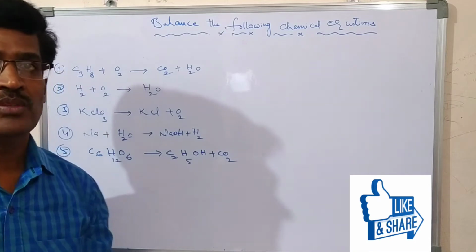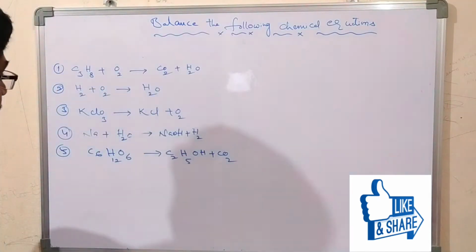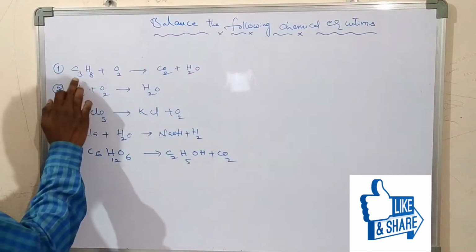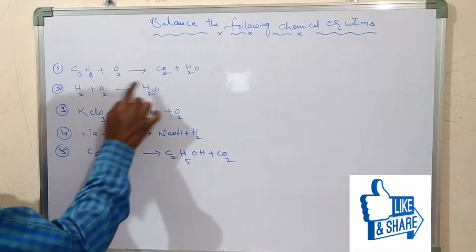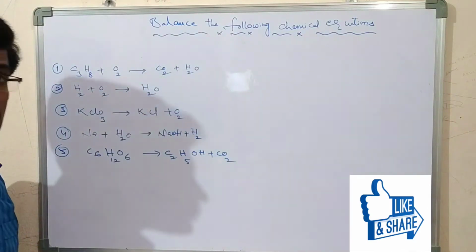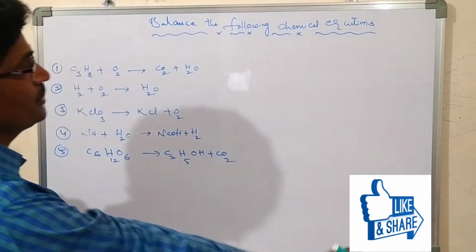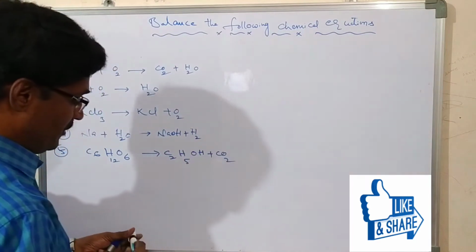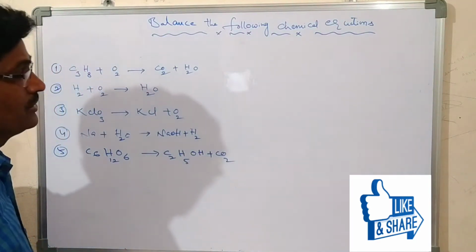We have to solve some more chemical equations. Look at here, the first equation: C3H8, propane, plus oxygen. What is it giving? Carbon dioxide and water. How to balance it? First we have to write LHS and RHS: LHS is the left hand side, RHS is the right hand side.